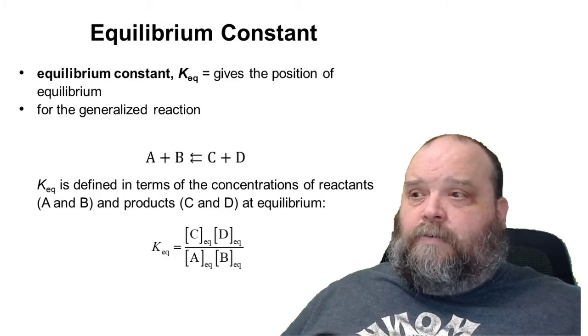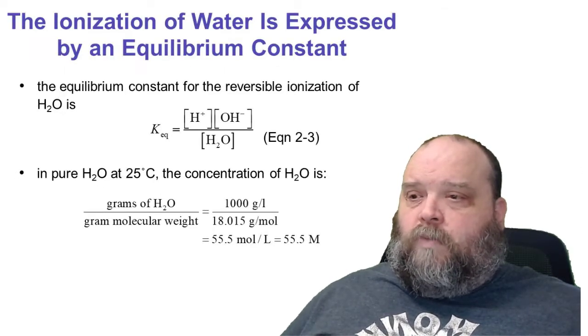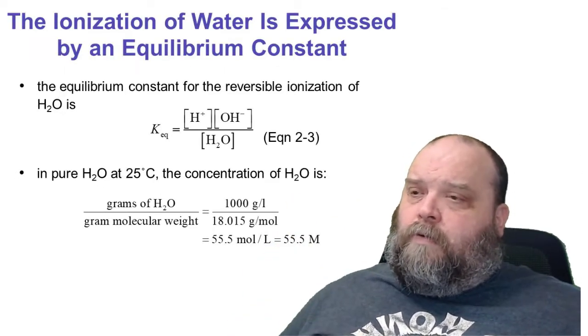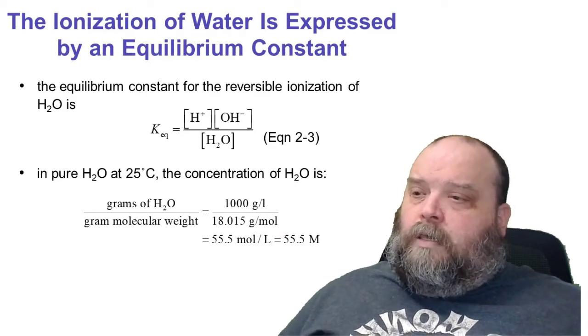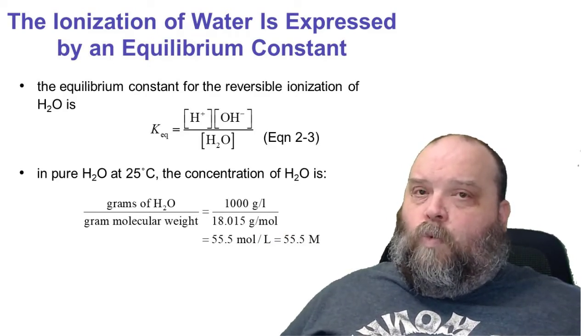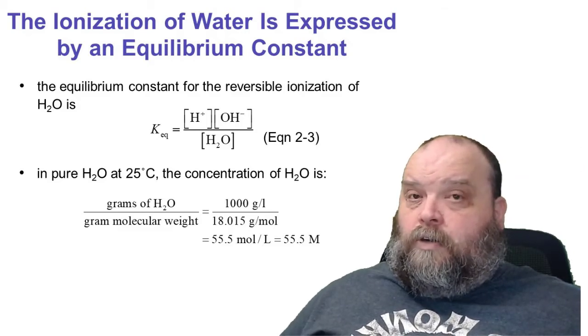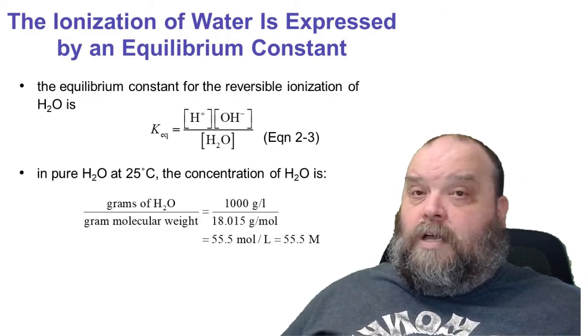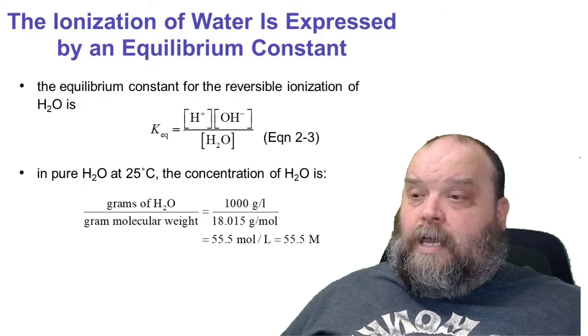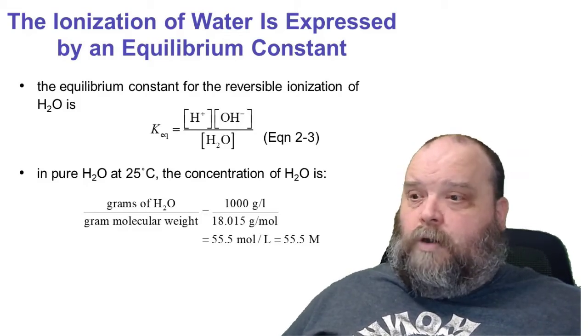So let's apply it here. You look here, equation 2.3 from the chapter. The equilibrium for water is the concentration of the hydrogen ion times the concentration of the hydroxide ion divided by the concentration of water.